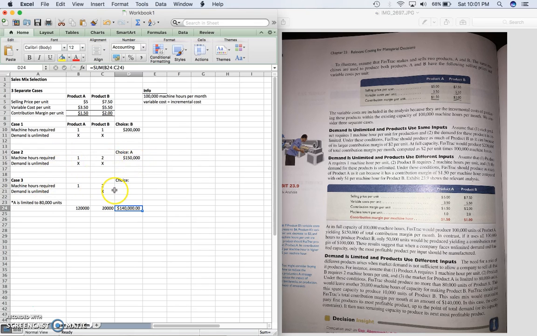In case 3, the demand is limited, so we would produce $120,000 of A until the limit is up, and then we would go to product B and produce as much of that as possible to the end of the month, which would produce $140,000. That's it.